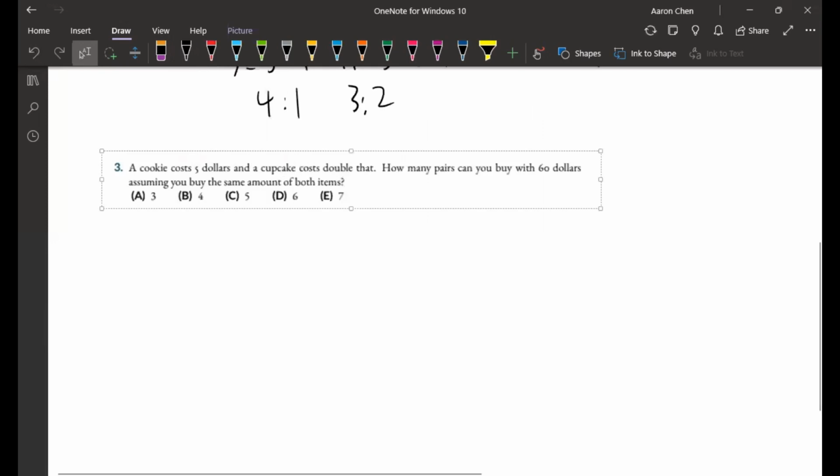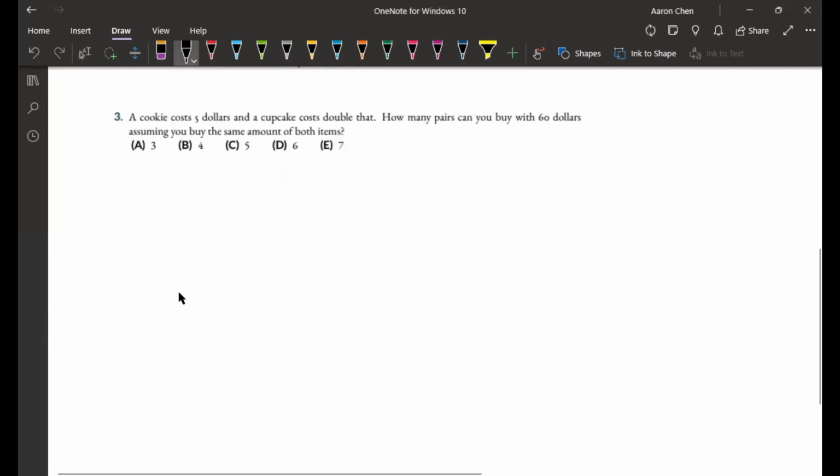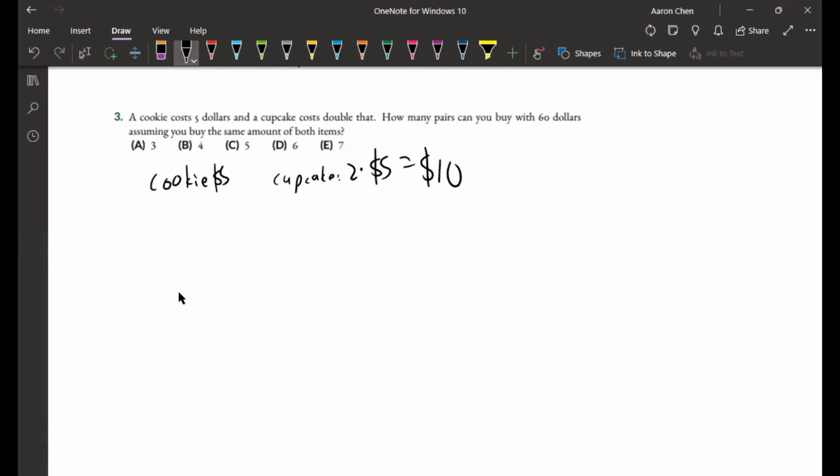So a cookie costs $5, and a cupcake costs 2 times that, so that would be $10. We want to find the number of pairs. A cookie and a cupcake pair costs 5 plus 10, which is $15.